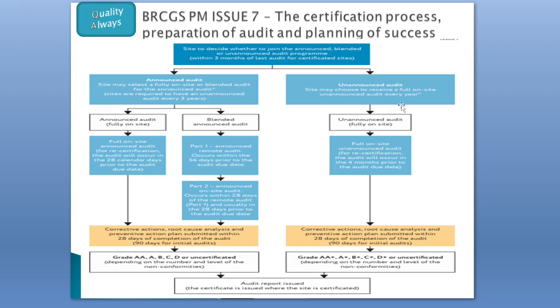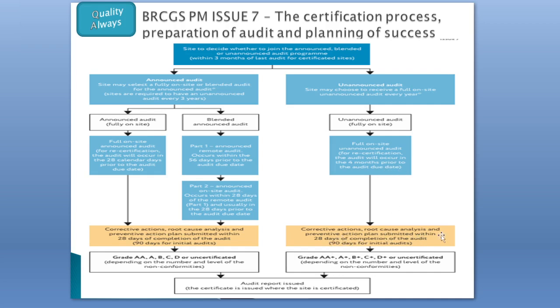In case of the unannounced audit, the site may choose to receive a full on-site unannounced audit every year, but every 3 years it is a compulsory requirement. So if a full on-site unannounced audit is planned for recertification, the audit will occur in the 4 months prior to the audit due date.